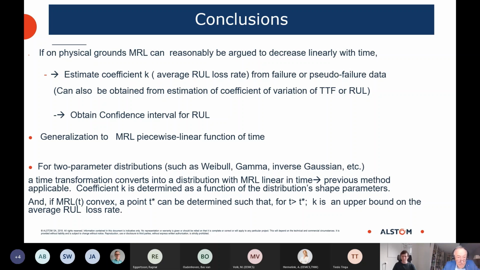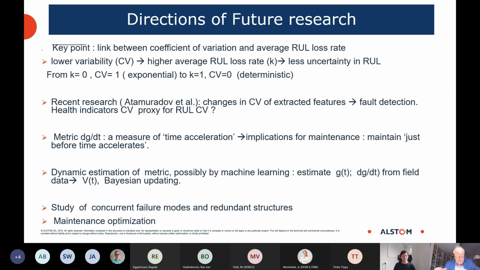And we can find the coefficient K as a function of the shape parameters, not the scale, but the shape parameters of the distribution. And furthermore, if the mean remaining life is convex, then you can find a point in time beyond which this parameter K is an upper bound on the average RUL loss rate. So this is what we have now, and we are applying it to various examples.